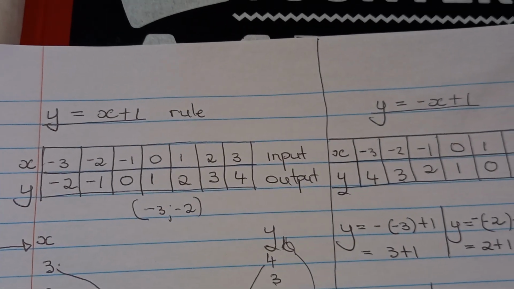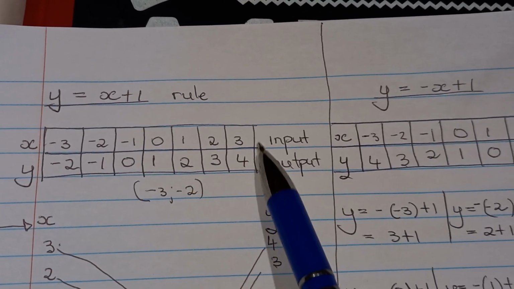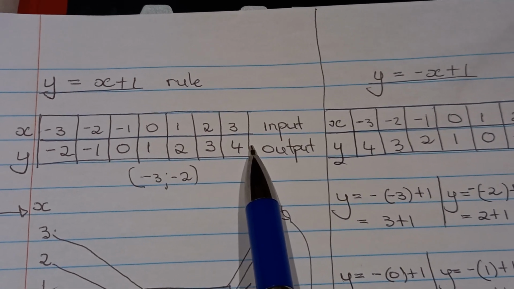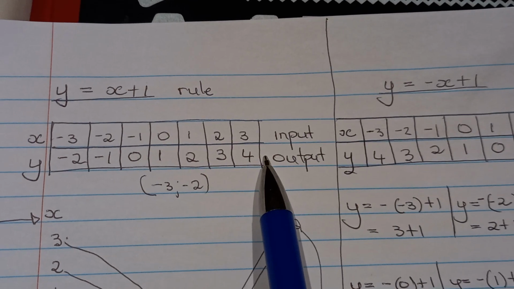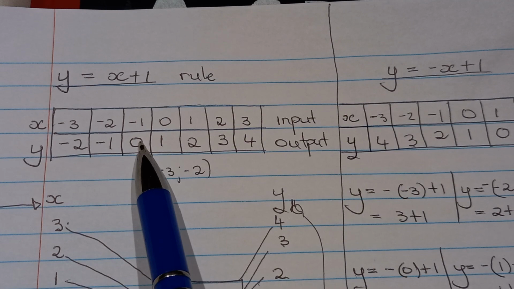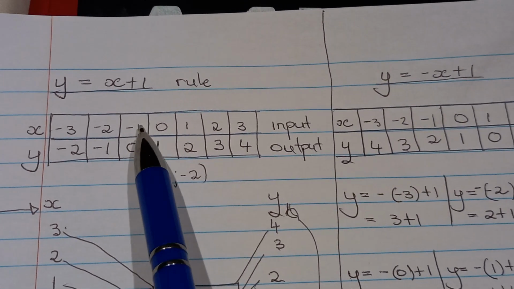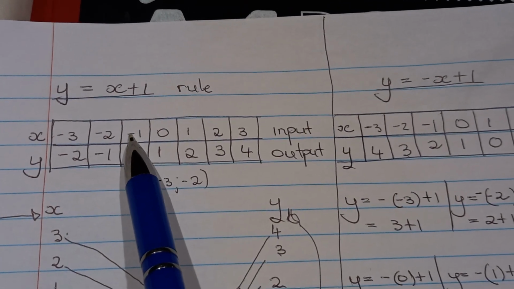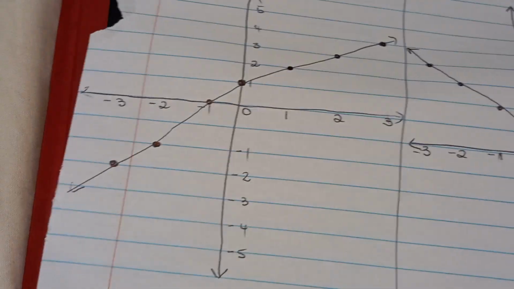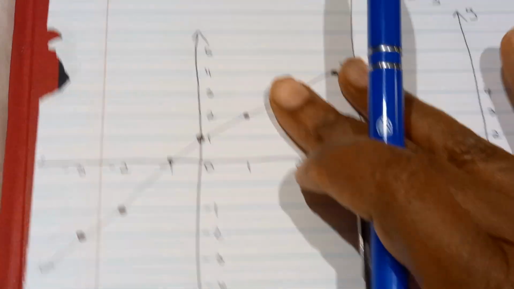I taught you how to do the y-intercept and the x-intercept. In this table, finding your x-intercept and y-intercept is easy, because for the x-intercept you go to where y is 0. It means you make your y 0 to get your x-intercept. It means your graph will touch the x-axis where x is equal to negative 1.